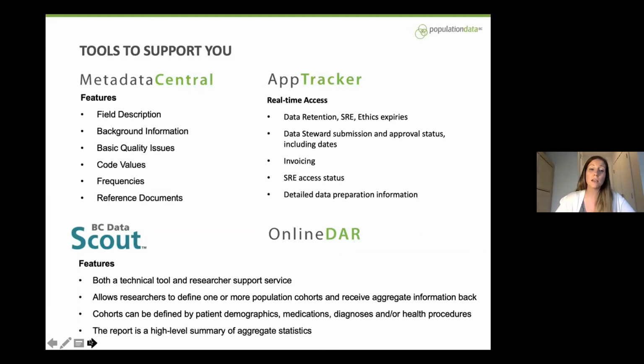And BC Data Scout, you can actually find the cohort that you're using for your study. You can actually get some aggregate information for that cohort, so that when you're writing your funding application or you're getting started to do your study, you know what your sample size is going to look like.